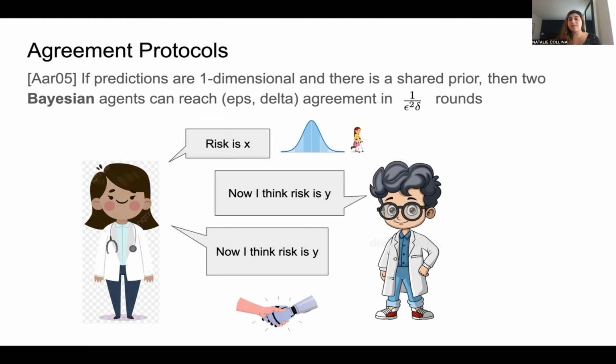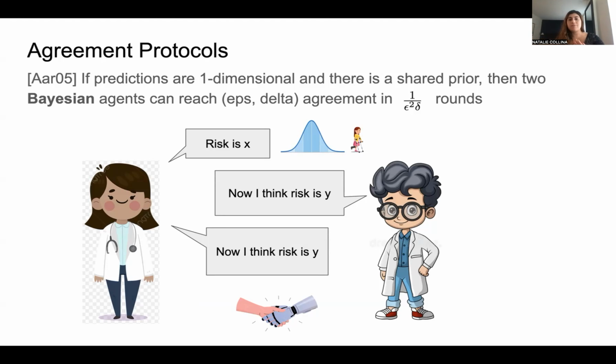It turns out that if they just exchange their expectations back and forth, and when they see the new piece of information from the other person they update their posterior based on it, then in a one-dimensional prediction setting, quite quickly you will reach agreement.